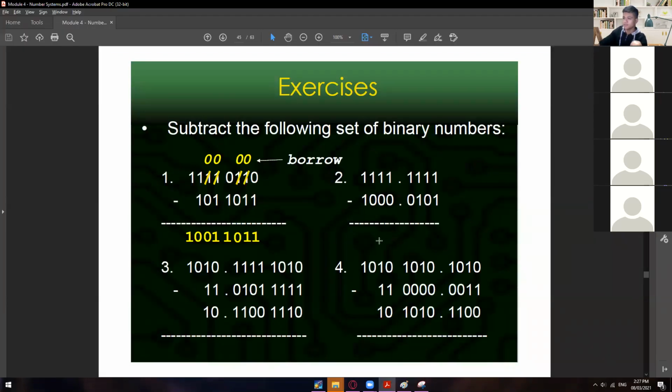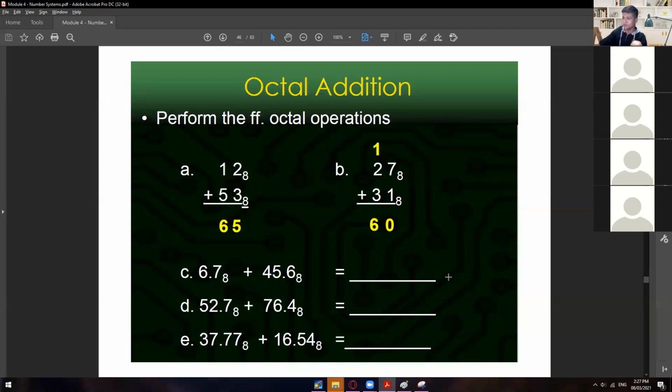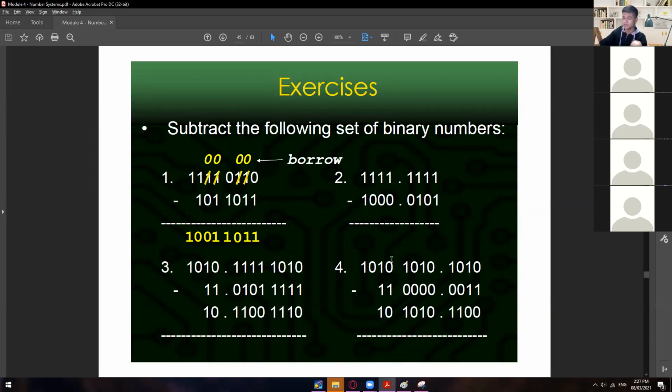So yeah, that's it for numbers 1, 2, and 4. So I'll leave number 3 to you guys as your practice exercise. All right? And you can search more on the internet for more examples, especially for subtraction, if you want to learn more on how to subtract binary. All right?